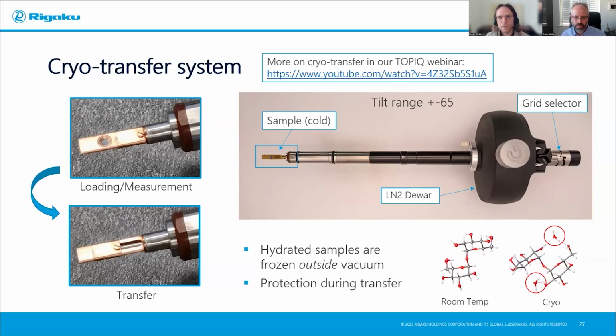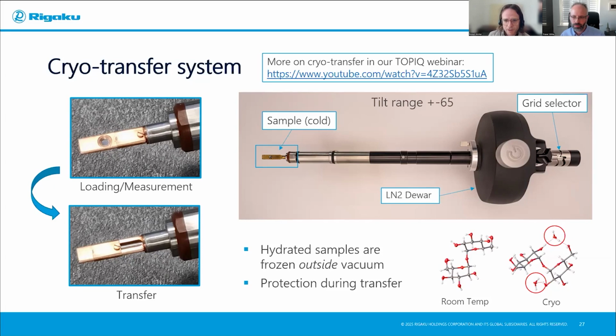But for example, for room temperature measurements, we can tilt plus 80 to minus 80 degrees, so a total range of 160 degrees. And this one is a total range of 130 degrees. This is typically enough for ab initio solution up to monoclinic data. So we get completenesses of the order of 70-80%.